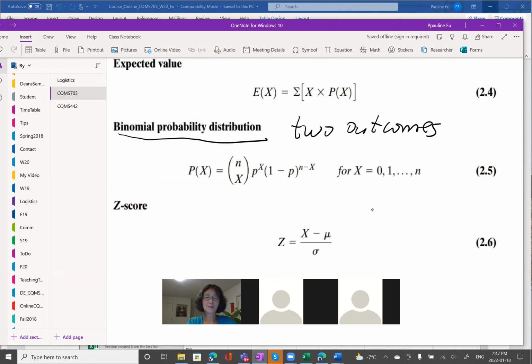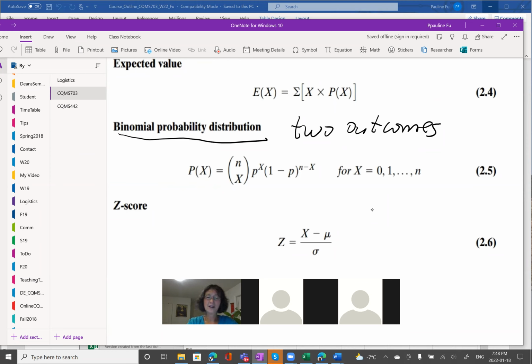Those are two outcomes. In this situation, the question asks, for example, the probability of having a student loan is 45%. Now you randomly select 35 students. You want to know the probability that the randomly selected 35 students have a student loan. That question can be answered using the binomial distribution.